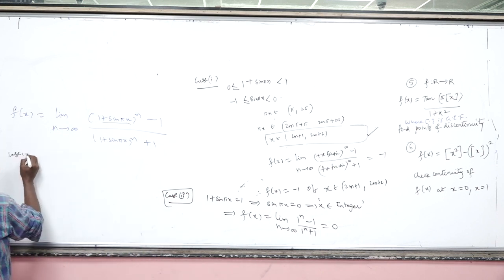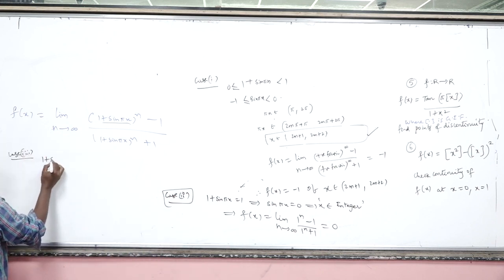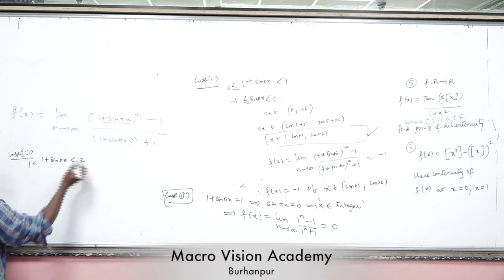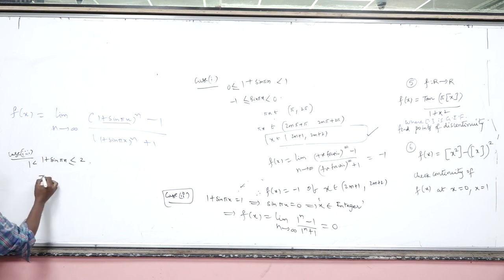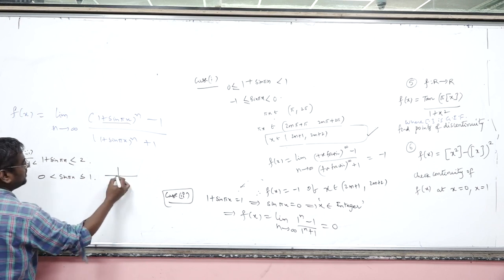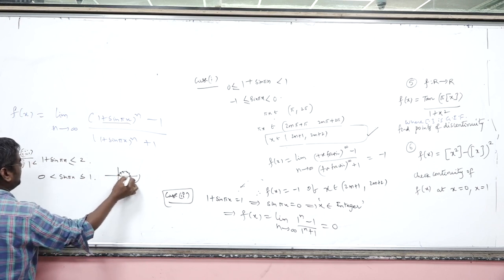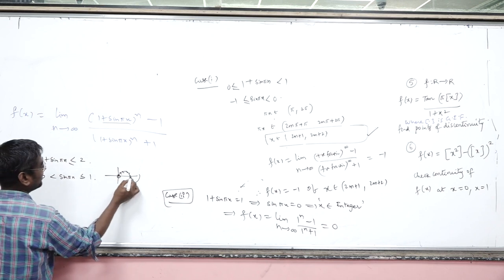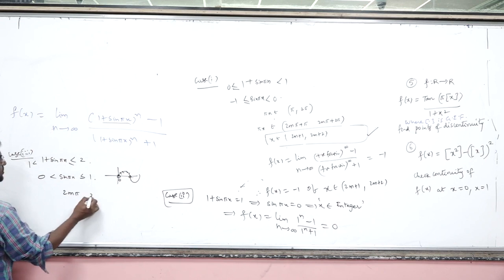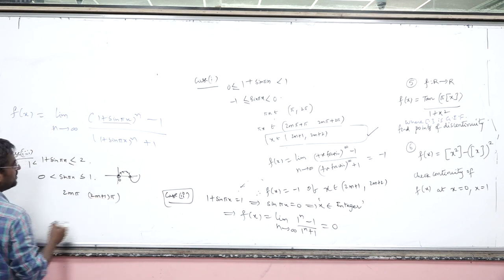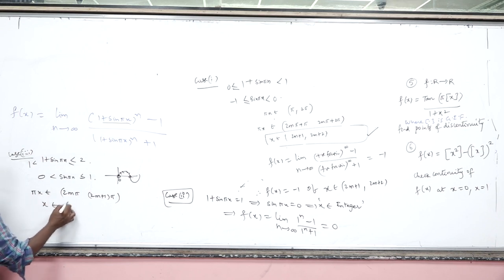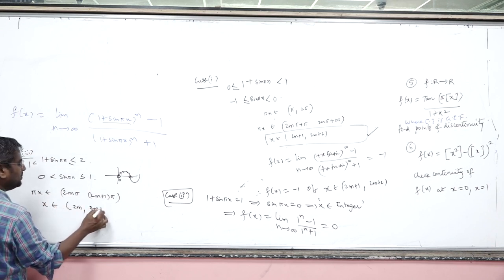And the last case, case 3, is when 1 plus sin pi x is actually between 1 and 2, that is 1 less than 1 plus sin pi x less than or equal to 2. So that is 0 less than sin pi x less than or equal to 1. तो 0 से 1 तक है, 0 excluded है. ठीक है, तो आप देख सकते हो 0 to pi is the answer, और 2m pi to (2m plus 1) pi. That is, x belongs to even number to odd number.